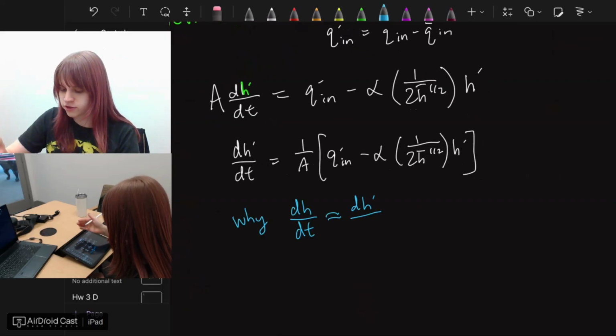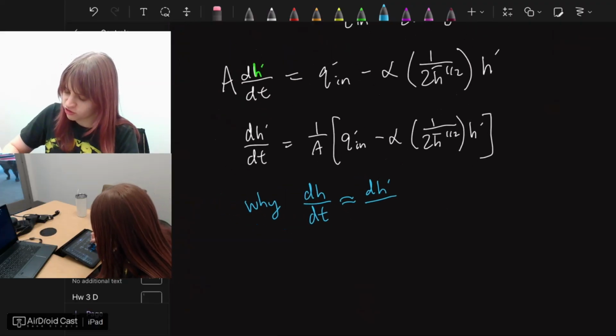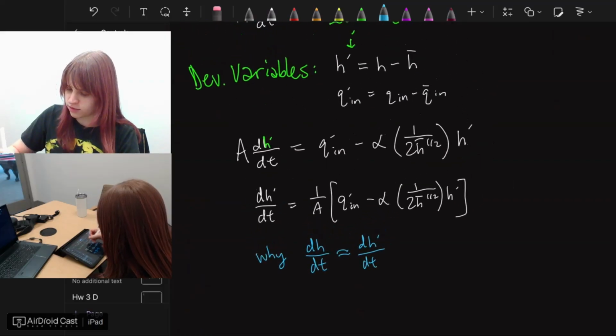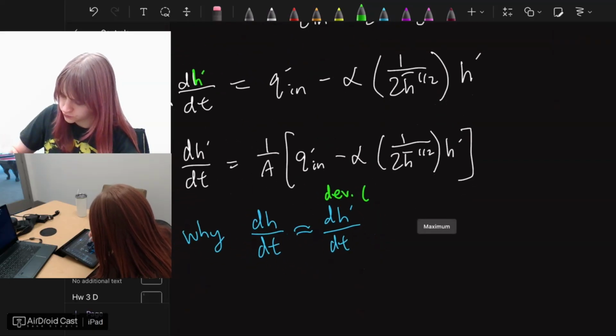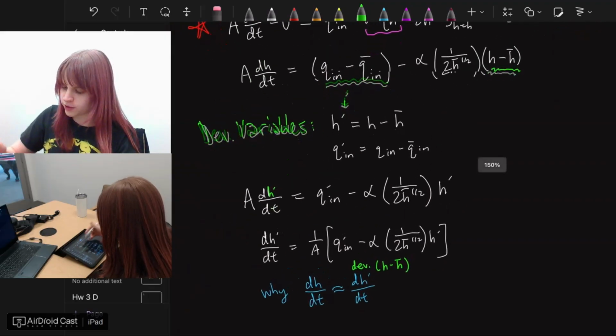Something I do want to touch on, instead of just glossing over it, is why these two differentials are equal to each other, even after this one's the deviation variable, so that would be the h minus h bar that we defined up here.